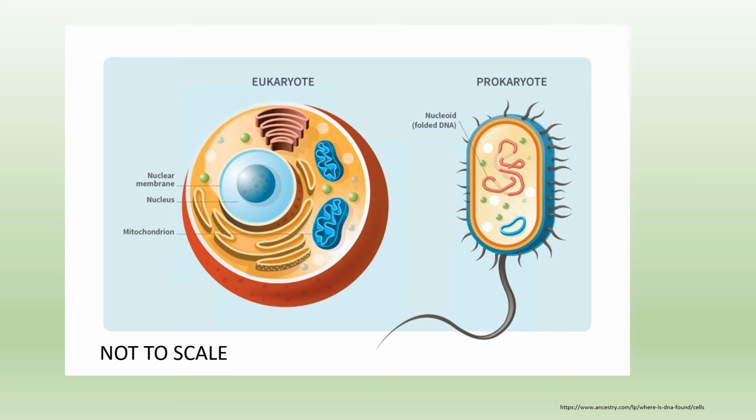When we start talking about how life is organized, we start with the domain level. There are 3 domains of life: bacteria, archaea, which are both prokaryotes, and then eukaryotes. So all eukaryotes are lumped together in the same very, very large group called a domain.